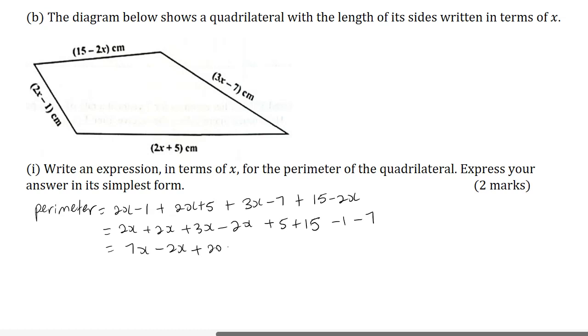Minus 1 minus 7 here is minus 8. So 7x minus 2x is 5x, and 20 minus 8 is 12. So therefore the perimeter is equal to 5x plus 12 centimeters.